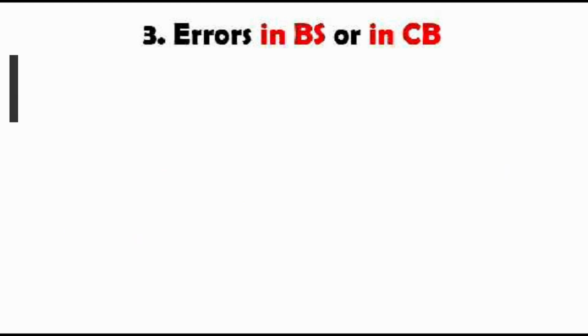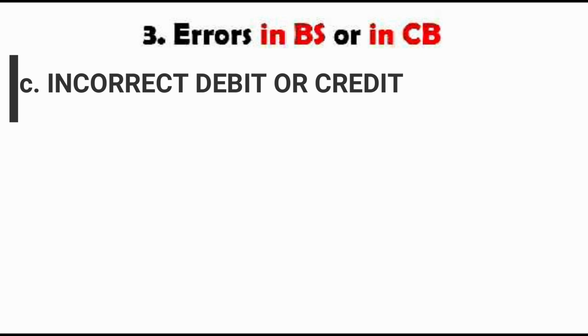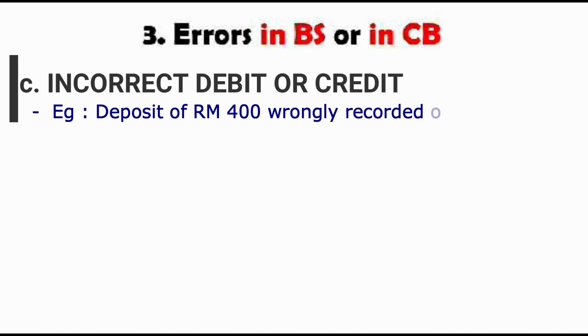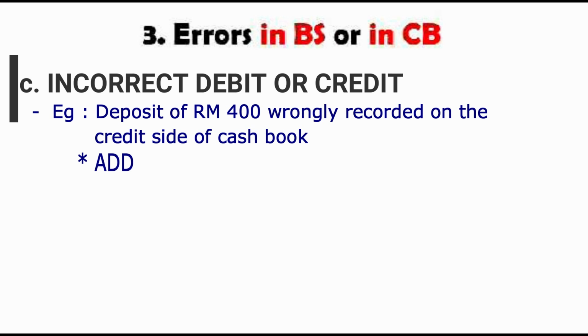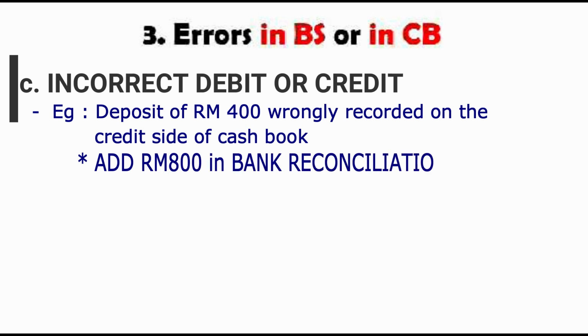The last situation, incorrect debit or credit. There are two situations here. A deposit of 400 ringgit wrongly recorded on the credit side of cash book. So, you need to add 800 ringgit Malaysia in bank reconciliation.